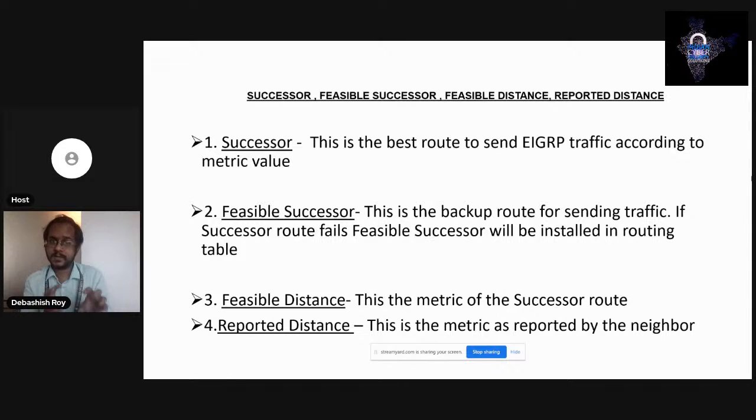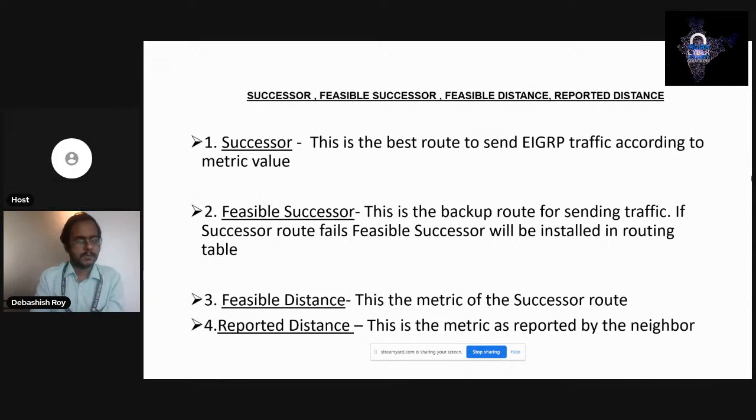But if the successor route fails, then the feasible successor will be installed in the routing table, and then the traffic will be sent across the feasible successor route. So if the successor route goes down, the theory is like that, then EIGRP will calculate the other backup links and it will elect a link as the feasible successor. And definitely there are also some conditions to be elected as the feasible successor. We'll go into that later.